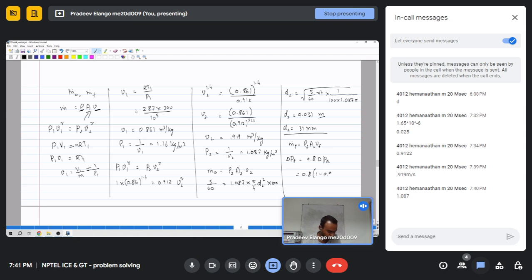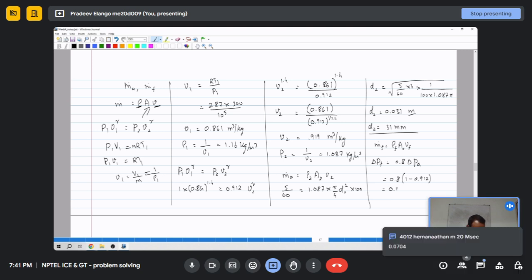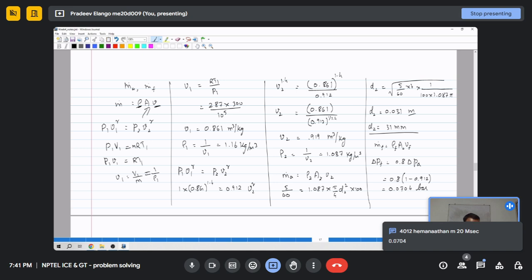So this is 0.912. Can you calculate this? 0.0704 bar. Yes, 0.0704 bar. So this is the change in pressure.